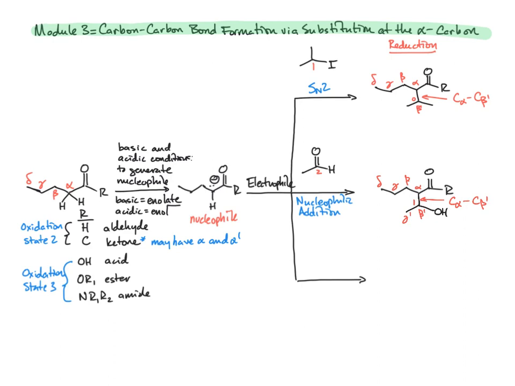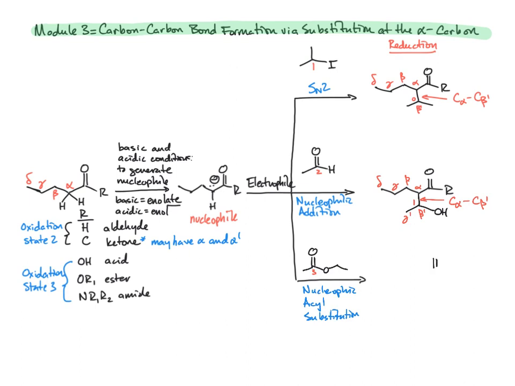We're going to now move up an oxidation state and look specifically at an ester. We're starting at oxidation state 3. The nucleophile will attack that carbon, doing a reduction. So the mechanism by which this occurs is nucleophilic acyl substitution, which we've seen already this semester.